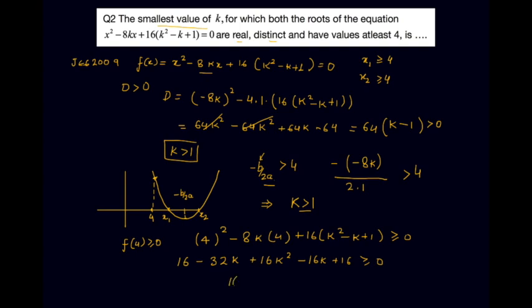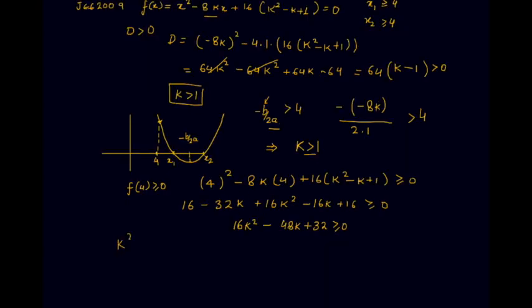Or we have 16k square minus 48k plus 32 greater than equals to 0. Or we have k square minus 3k plus 2 greater than equals to 0.